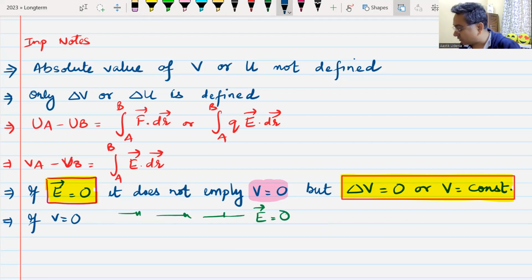Potential is 0, that does not mean that the electric field is also 0. Potential can be 0 even if electric field is present. I hope you remember. I am not going to go back, so let's not go into that. If V is 0, it does not imply that E is 0.